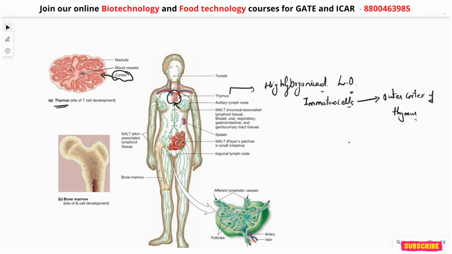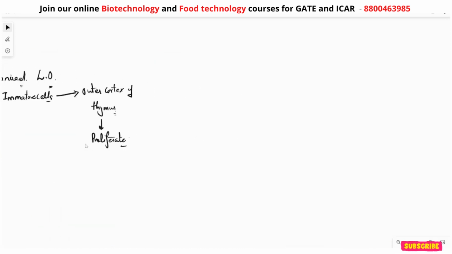So your immature cells are transported into the cortex of the thymus, where they proliferate. Right? And they acquire the specific T cell surface markers.